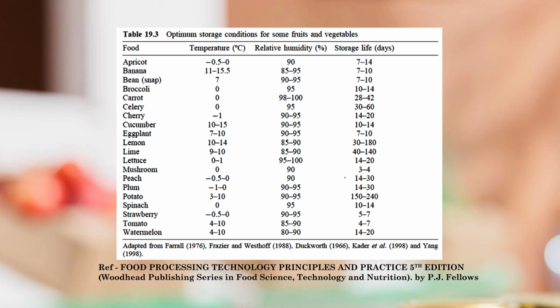For example, there is a range for lime, and particularly for banana. Within that range also, the storage life will vary depending on what temperature you have employed along with the RH. That is how a range of storage life is reported in this table. So it is important to know and work out the conditions with certain initial trials, depending on the food commodity, the fresh harvest, along with its cultivar and variety.